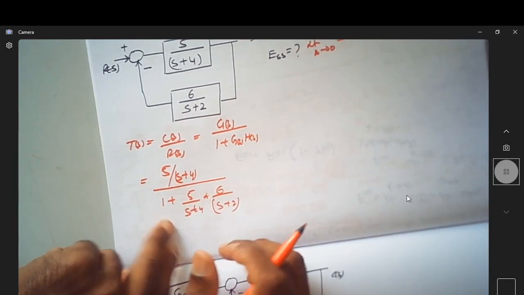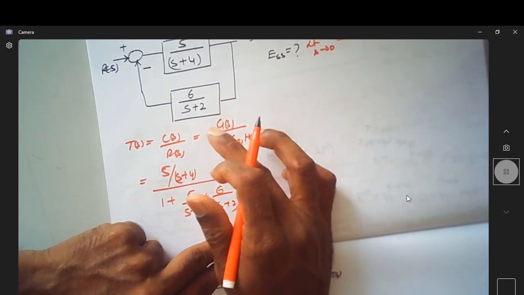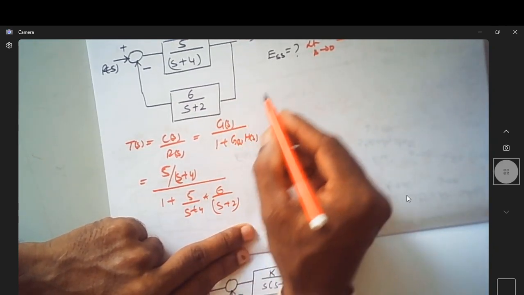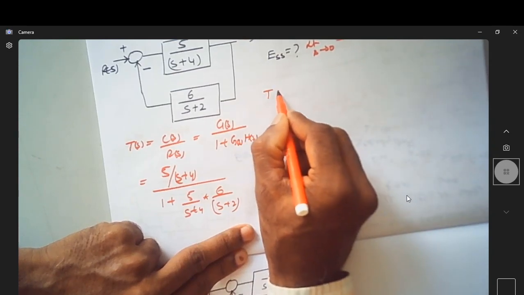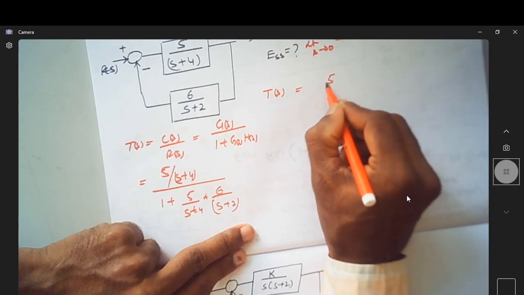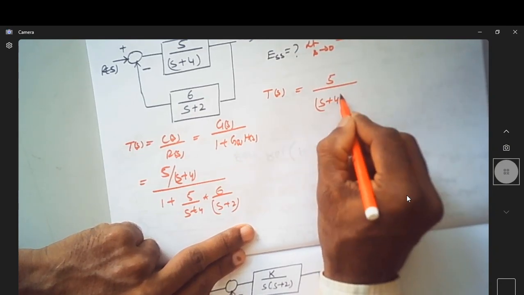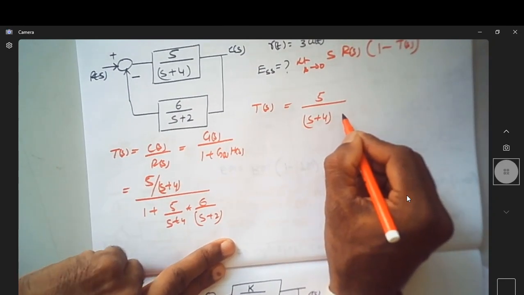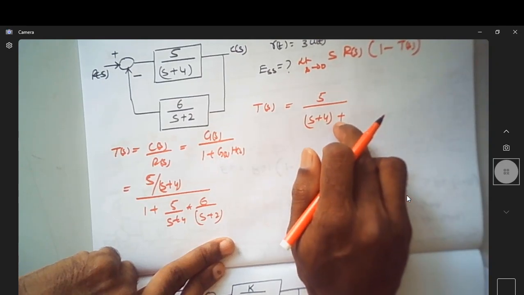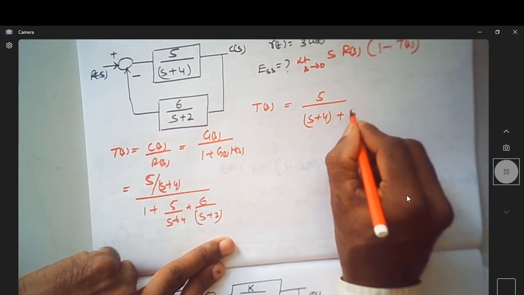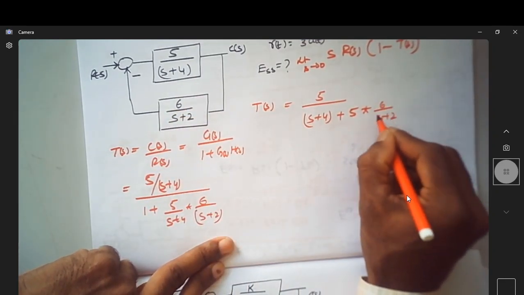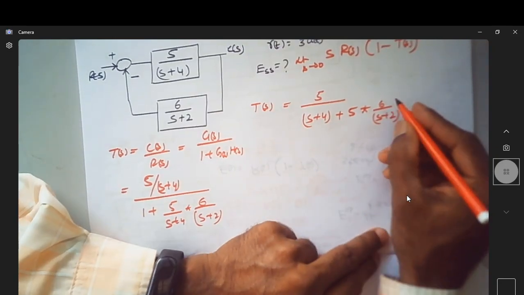So we may have to simplify all these things. Those who have done sufficient problems on this can do it quickly; if you got the concept, I can write the transfer function of this system by retaining whatever G(s) you have, s plus 4, in the denominator. There will be one more term that is plus or minus depending on the feedback; if it is negative feedback, it will be plus. It is the numerator of G(s) multiplied by H(s), and H(s) is 6 by s plus 2. Now I can simplify this.